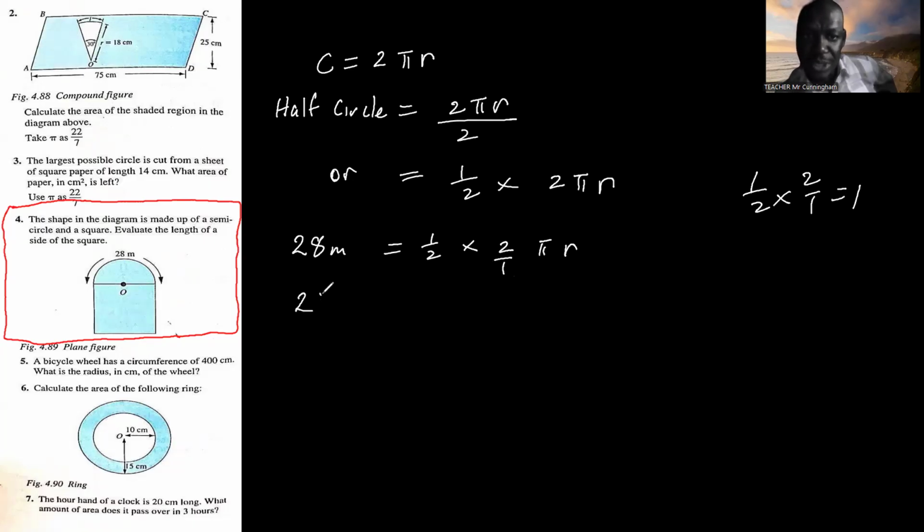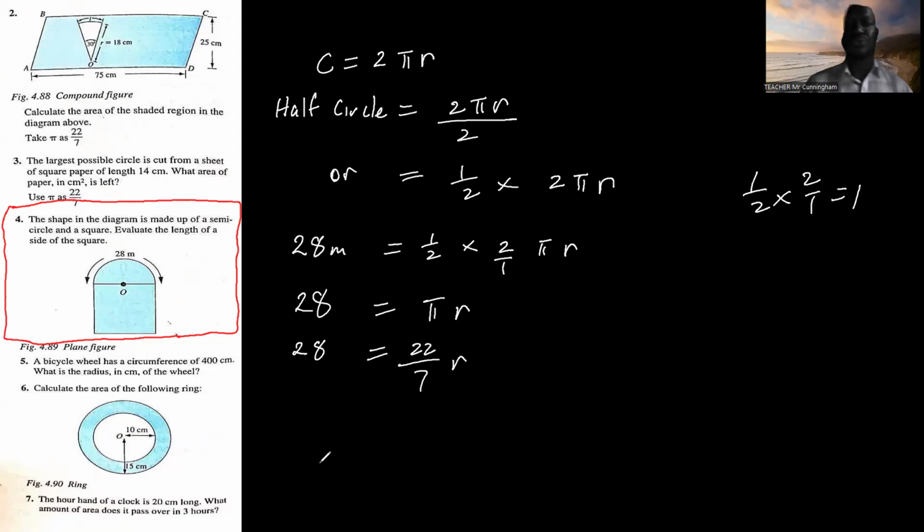So this 28 meters is equal to pi r. All right, but I told you I'll use pi as 22/7. So all you had to do was to put 28 equals 22/7 multiplied by r.